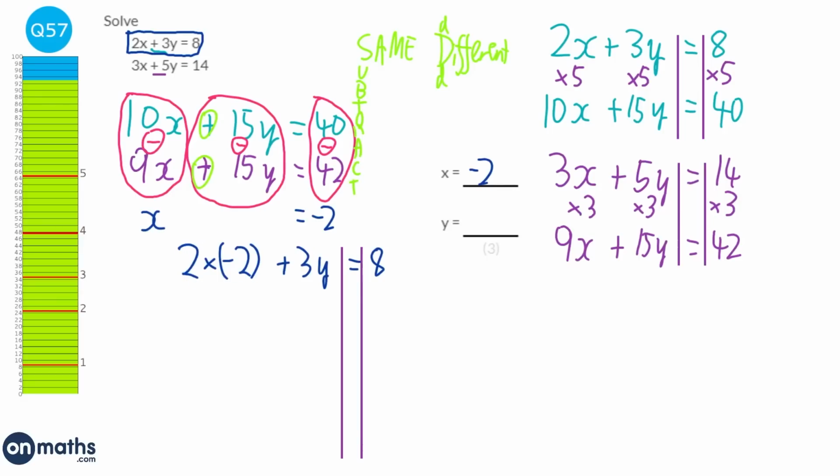So we've got 3y equals 12. And then the next thing is we're going to divide by 3 both sides to get y equals 4. And we can check that by substituting it into the second equation and doing 3 times minus 2 plus 5 times 4, and that does equal 14.